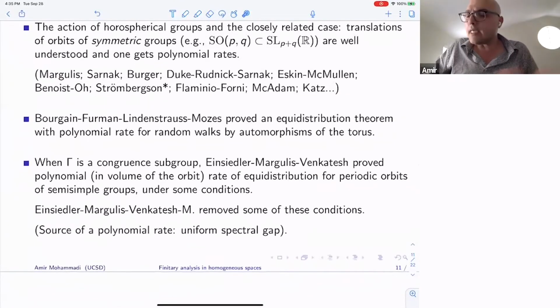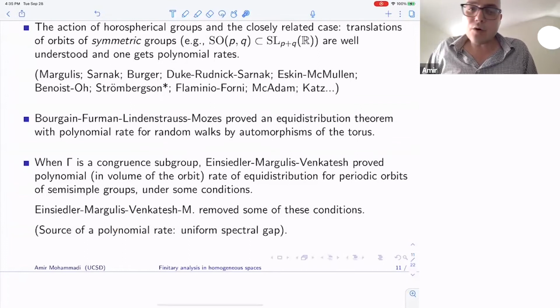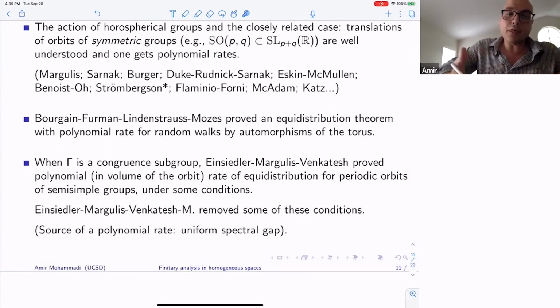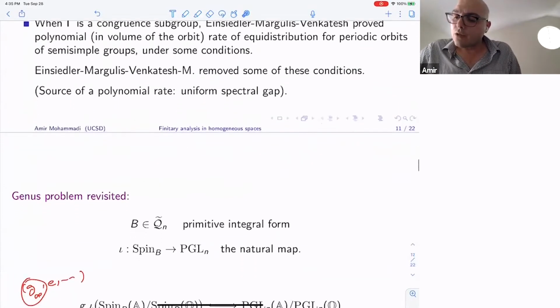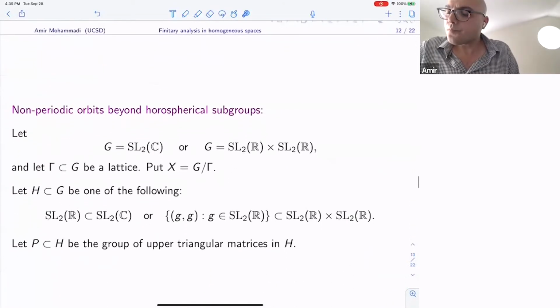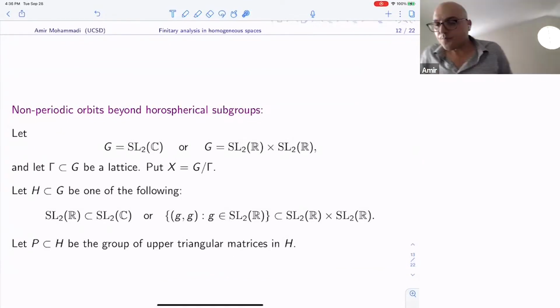But these techniques won't apply to general orbits. The fact that I have a periodic orbit is extremely important here because the uniform spectral gap of these periodic orbits is used crucially. And the fact that you have a horosphere is just somehow a nature of the arguments here. So if you want to understand general orbits in semisimple quotients, this is a difficult problem, and you want polynomial bounds. This is a difficult problem.